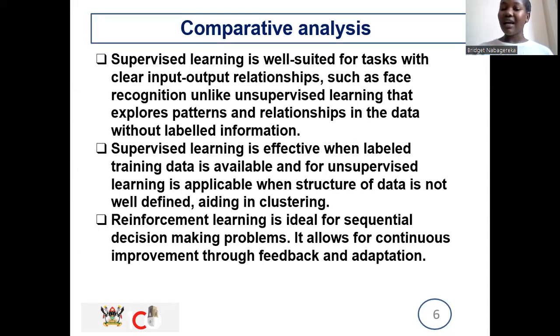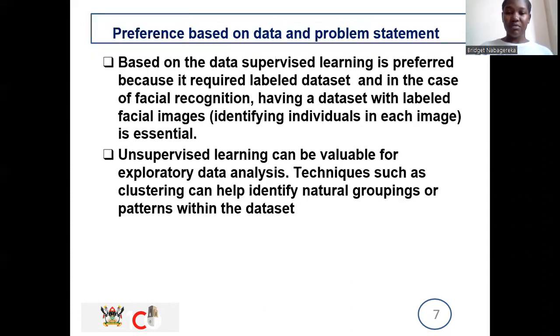Reinforcement learning is ideal for sequential decision-making problems. It allows for continuous improvement through feedback and adaptation. Based on the data and problem statement, supervised learning is going to be preferred because it requires a labeled dataset, and in the case of facial recognition, having a dataset with labeled facial images, identifying individuals in each image, is essential.